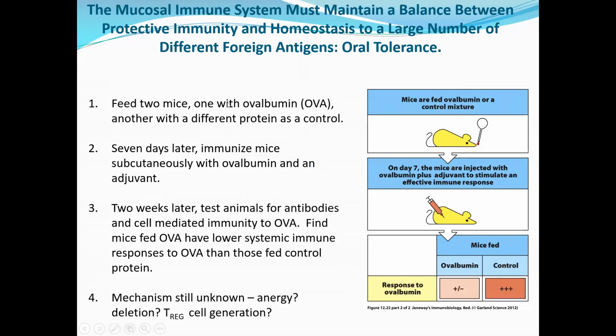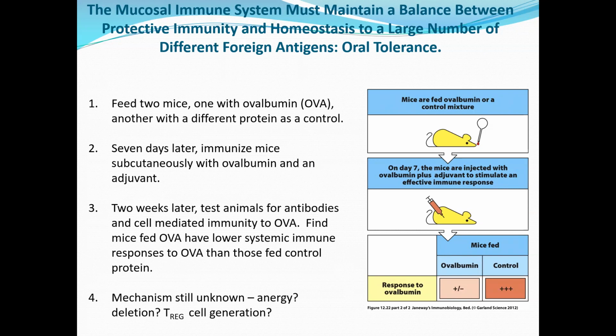We can demonstrate this by the fact that if we give a mouse regular oral doses of an antigen like ovalbumin, egg albumin. And then after several doses of this oral antigen, we then inject the peritoneum with the ovalbumin with adjuvant.